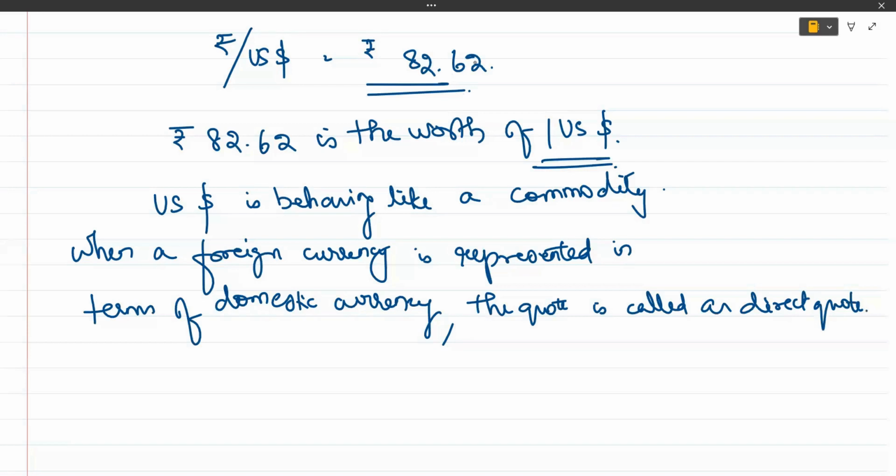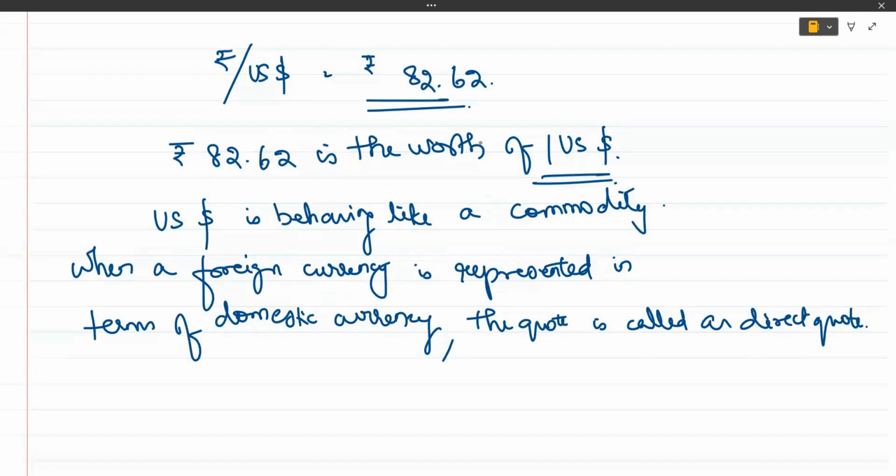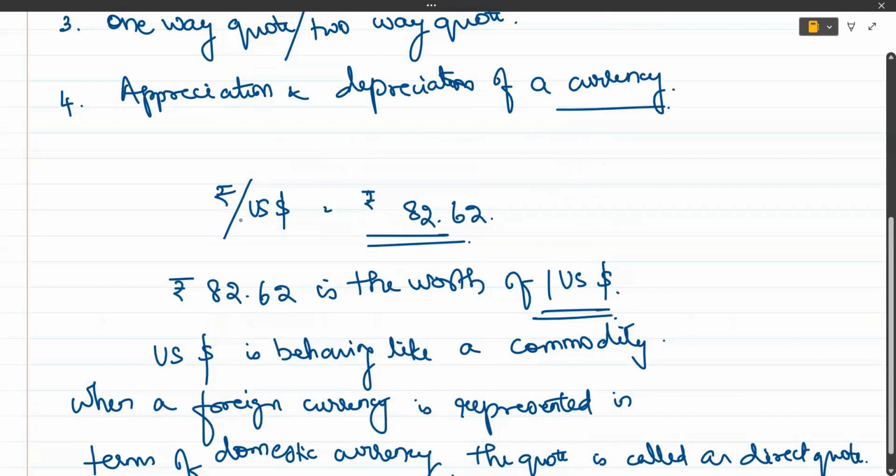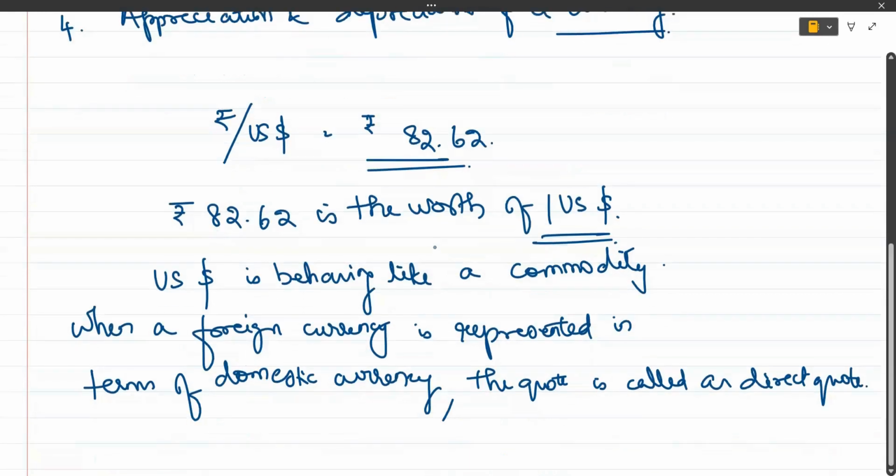So 82.62 per US dollar means 1 US dollar is behaving like a commodity. When I am representing the foreign currency in terms of Indian money, in terms of domestic currency, the quote is called a direct quote.